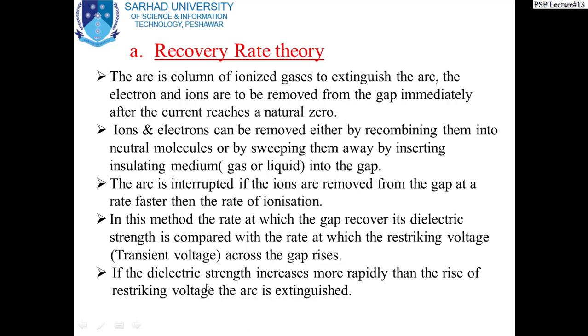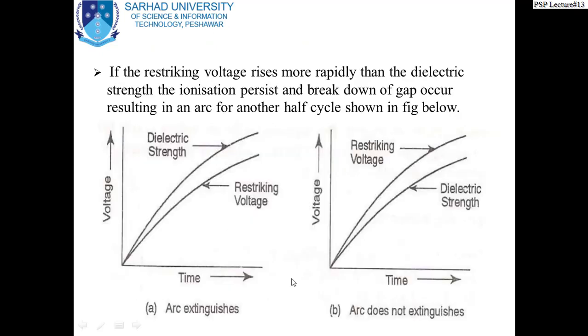If the dielectric strength increases more rapidly than the rise of restriking voltage, the arc is extinguished. Okay. Now, gentlemen, these are of course two graphs.